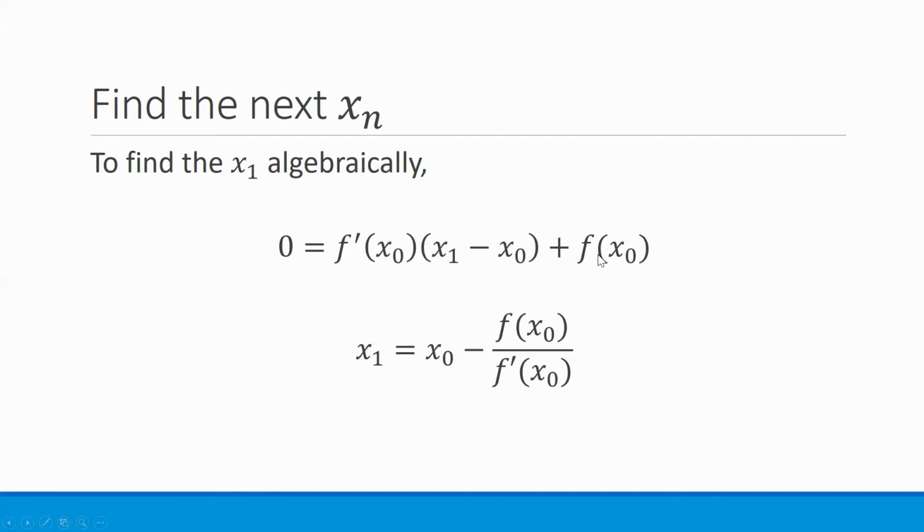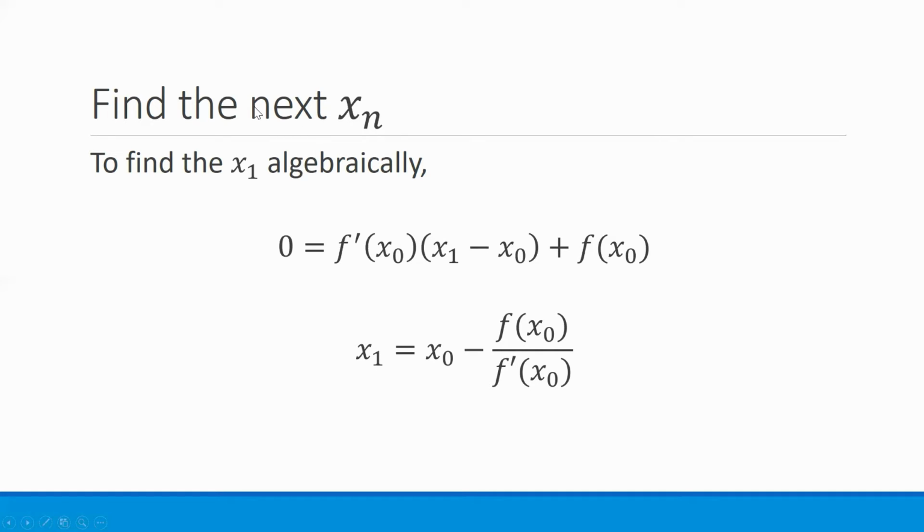So what I would do is subtract f of x0 from both sides. Then I would divide by f prime of x0. And then I would add x0. If you solve for x1 here, you get x0 minus f of x0 divided by f prime of x0.